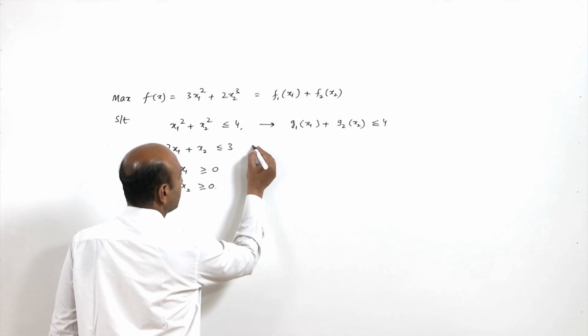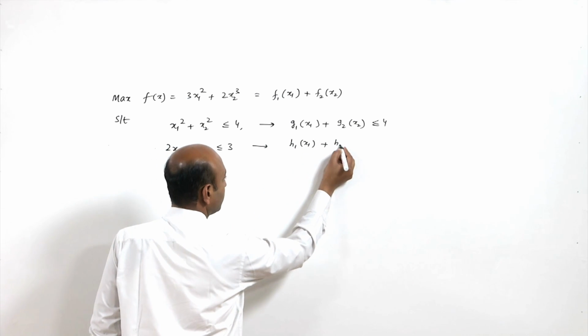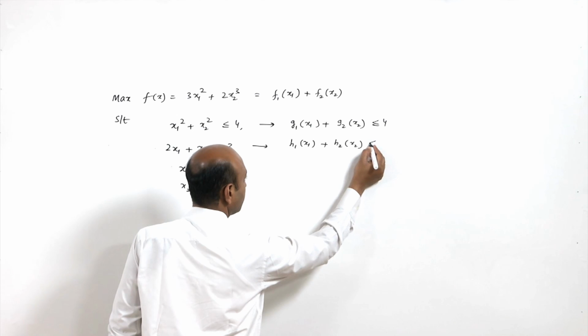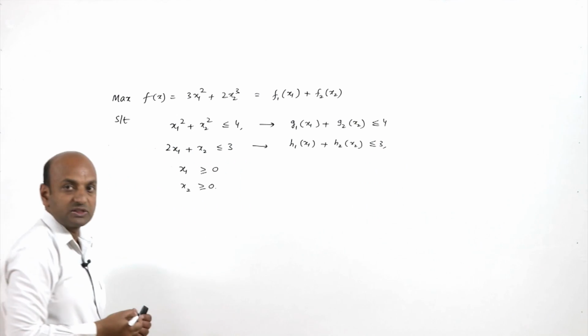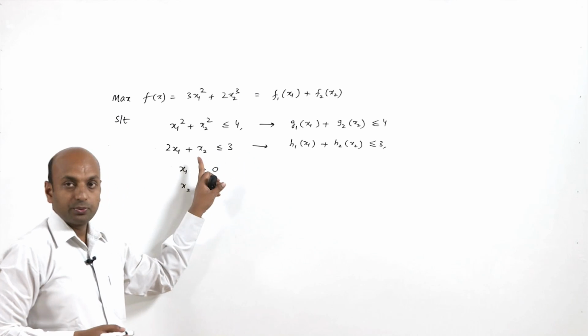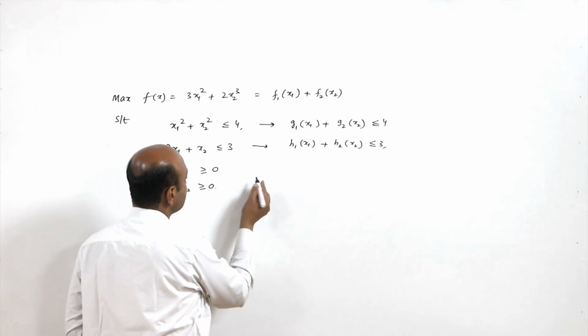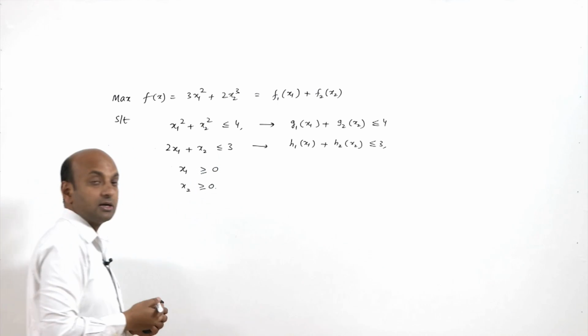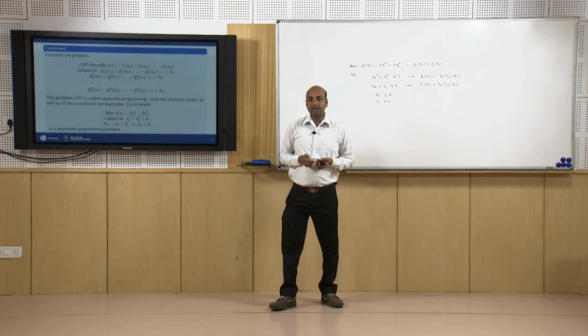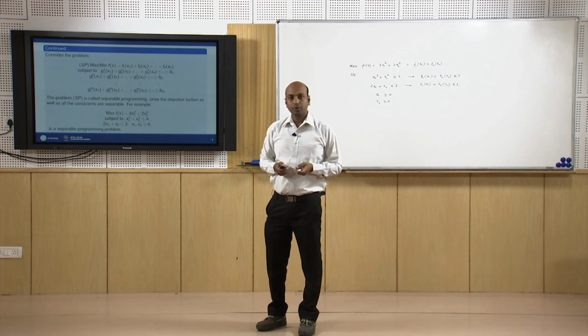The next constraint is also separable, it is h1(x1) plus h2(x2) less than or equal to 3, where h1(x1) is 2x1 and h2(x2) is x2, and these constraints are obviously separable. So, we can say that this problem is a separable programming problem. Okay.